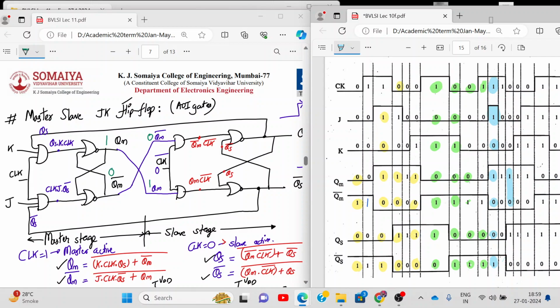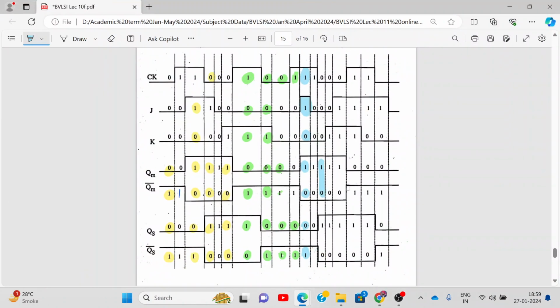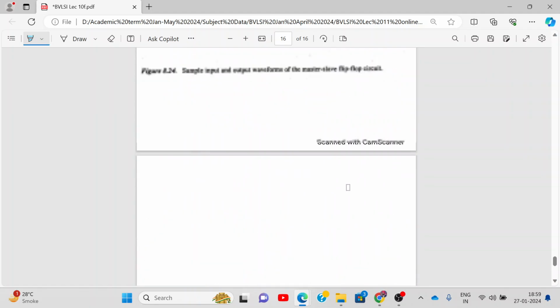Because when the slave is on, when the slave is working, it will follow the master output, right? और master output क्या होना चाहिए? 1 0. हाँ, 1 0. So it is following 1 0. So is this a problem? Yes, sir. Not a problem.